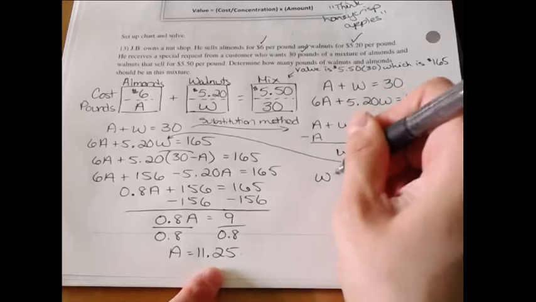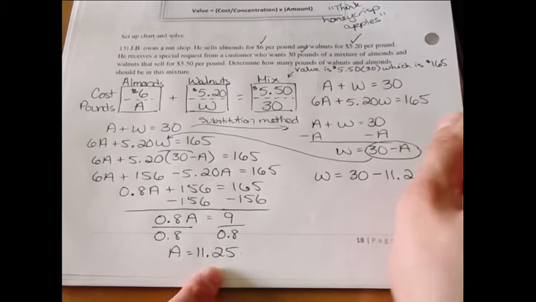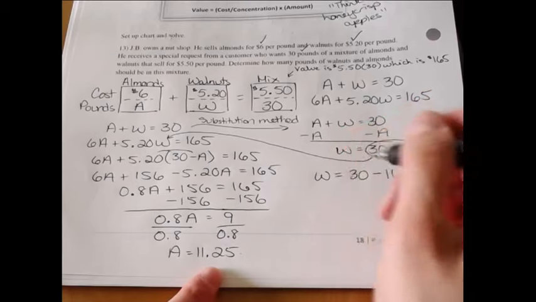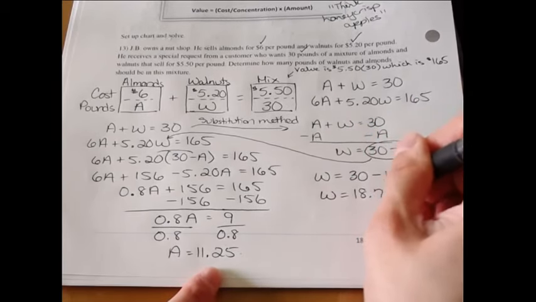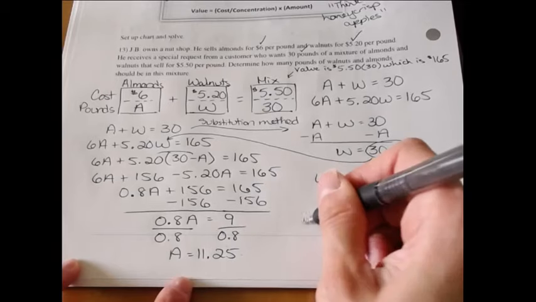The number of pounds of walnuts is going to be 30 minus the pounds of almonds. So if I take 30 minus 11.25, we see that the walnuts has to be 18.75. Not bad, right?